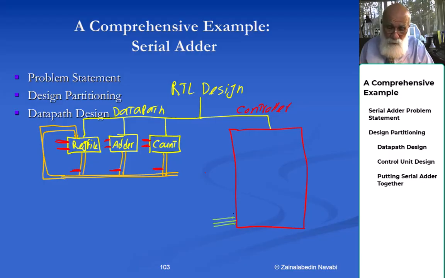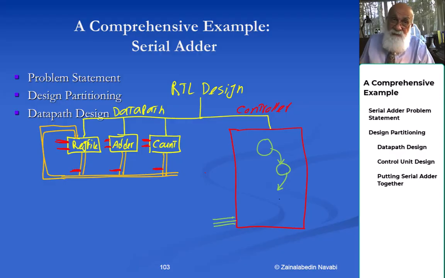The controller looks at these signals and, based on the inputs that it receives, goes from one state to another. So what is the controller? The controller is a state machine. Not like those state machines that have one input and one output.